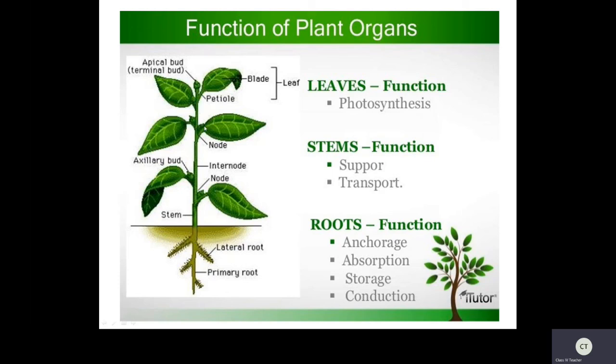See the stem, it is green in color, and this stem bears the leaves, and this water and minerals will be sent slowly through this stem to the leaves. Okay children. Then the leaves perform the function called photosynthesis. In the next class we are going to study about the functions of the leaf.